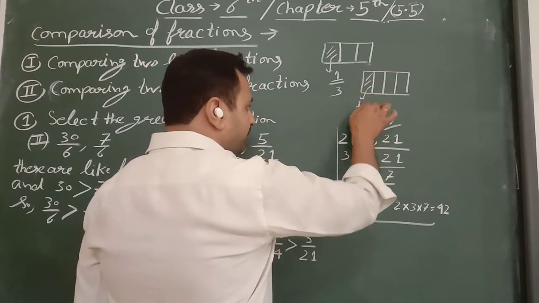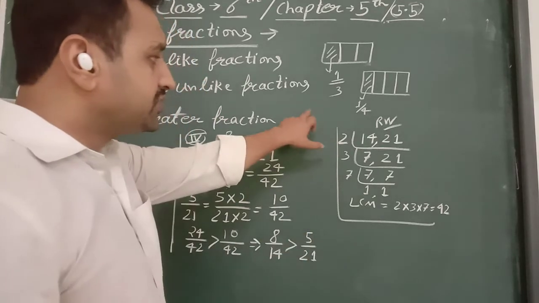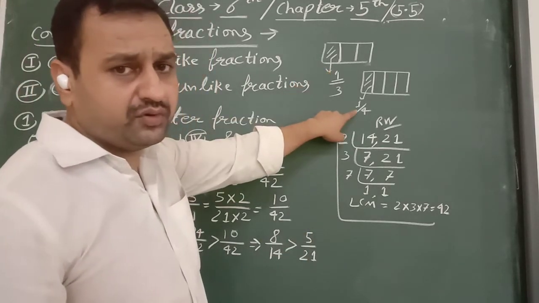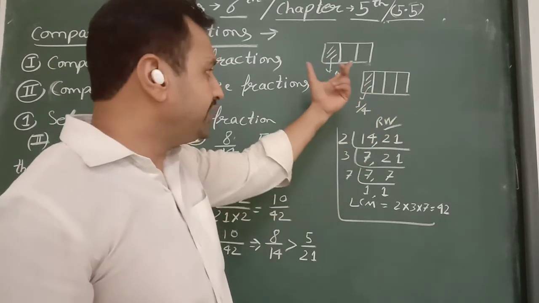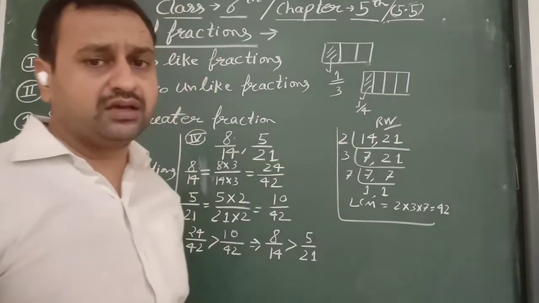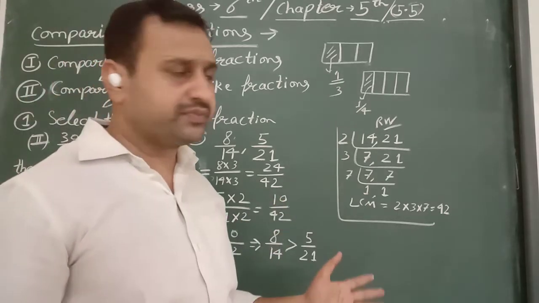Then it is called 1 by 4. Practically, you can say that 1 upon 3 is greater than 1 upon 4. Because the same field is divided into 3 parts and the same field is divided into 4 parts. So, practically, the fourth part is smaller in comparison to the third part.